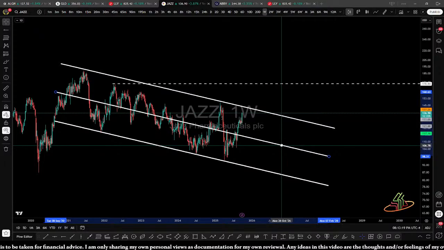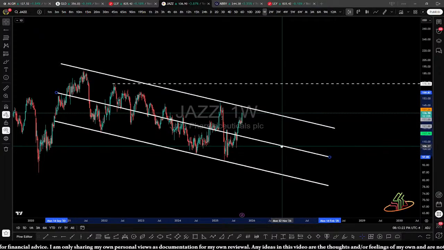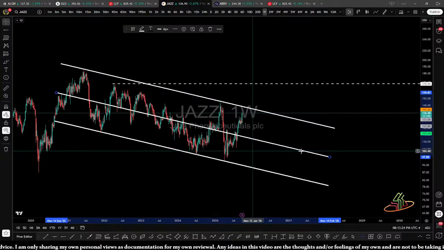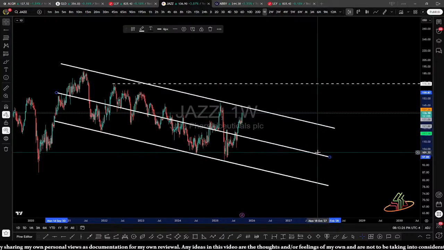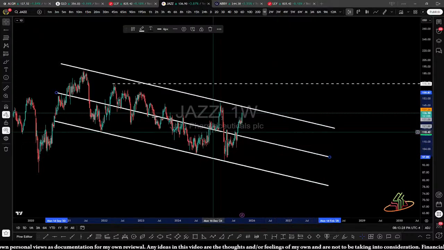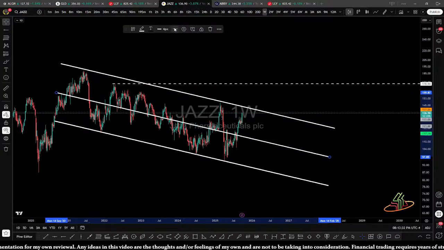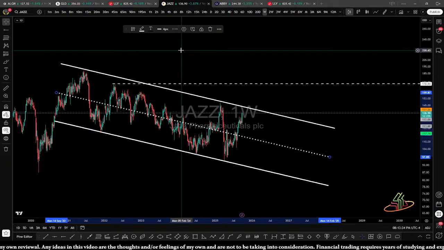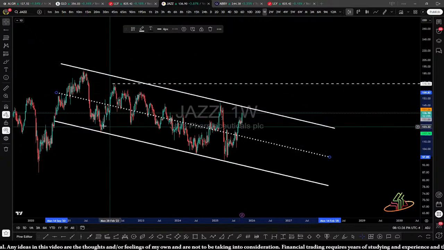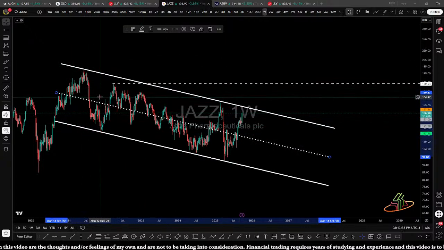Everything that I do in my mind is about hitting 50% targets. When we put this line in the middle and make it a 50% line, we can make it a dashed or dotted line, and you see how price reacts with this area.